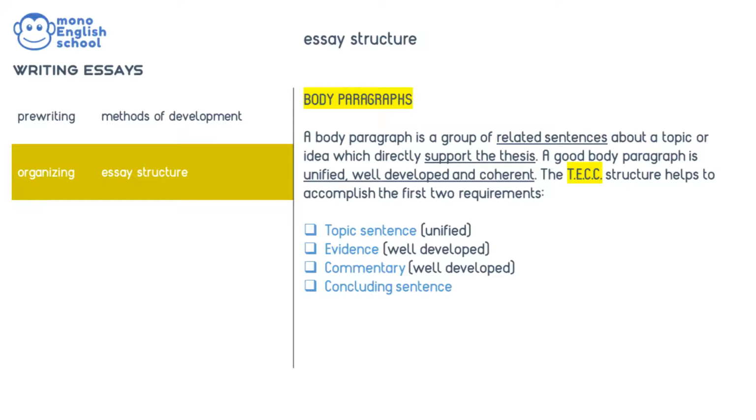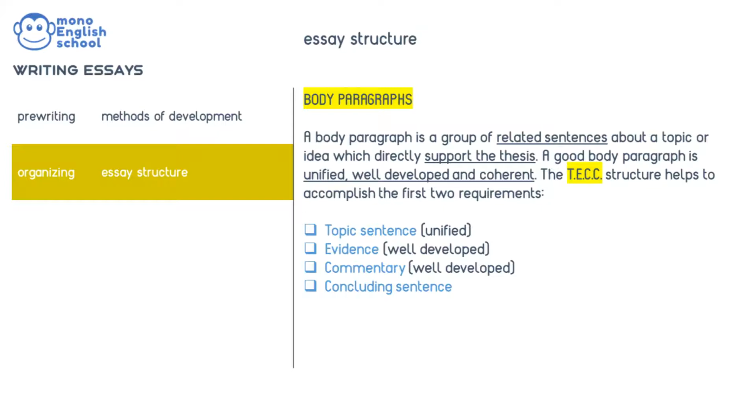The TEEC structure helps to achieve a unified and well-developed paragraph. TEEC stands for topic sentence, evidence, commentary, and concluding sentence. We will talk about each element in turn and then discuss coherence.